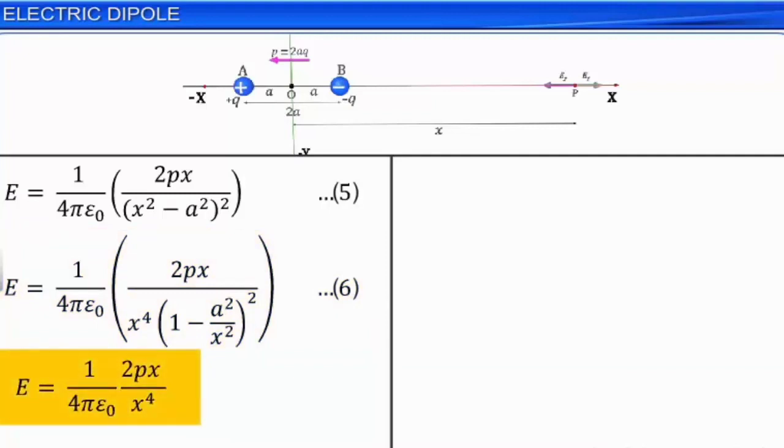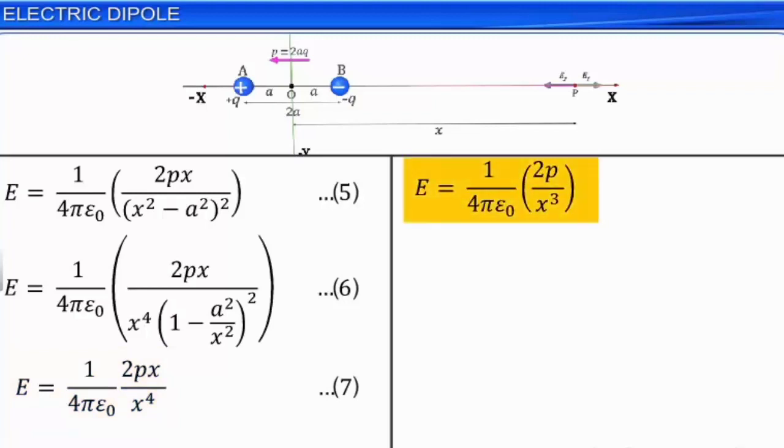Let this be equation 7. This can be further simplified as E is equal to 1 by 4 pi epsilon naught, 2p by x cube. Let this be equation 8.